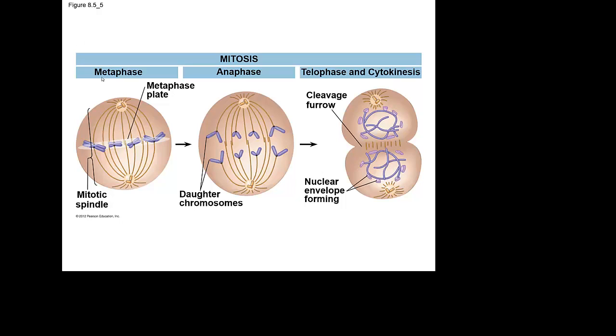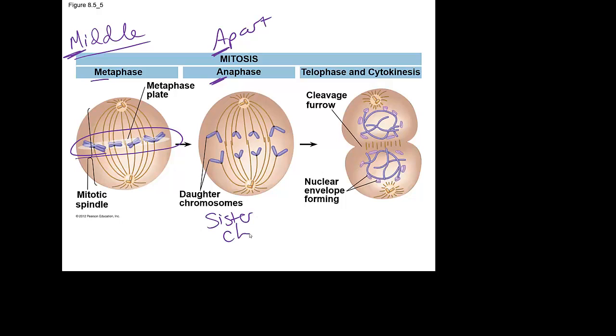Metaphase, M is for middle. All of the chromosomes are lined up in the middle along something known as the metaphase plate. And you see they're all quite organized, sitting here in the middle, oriented all the same way, so that in anaphase we can pull apart, A for apart, pull apart the sister chromatids.